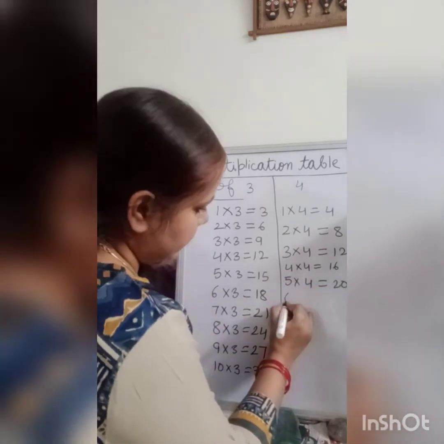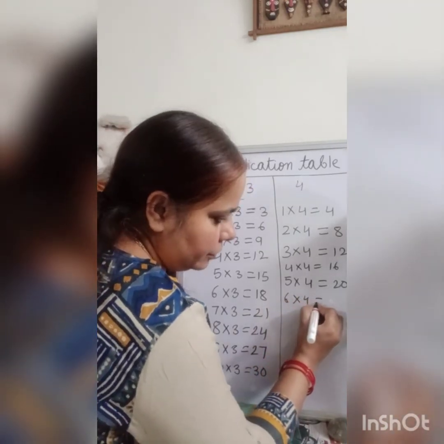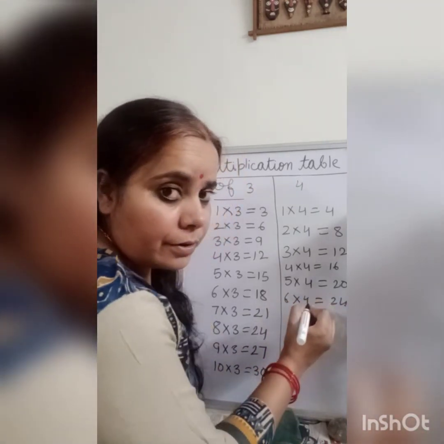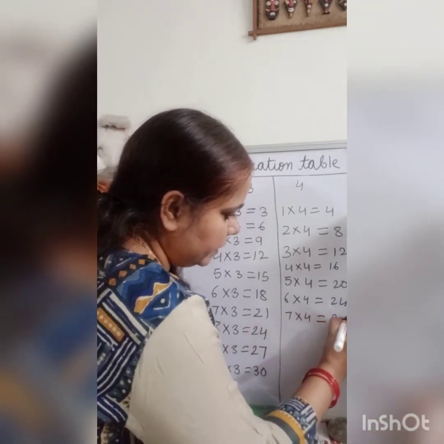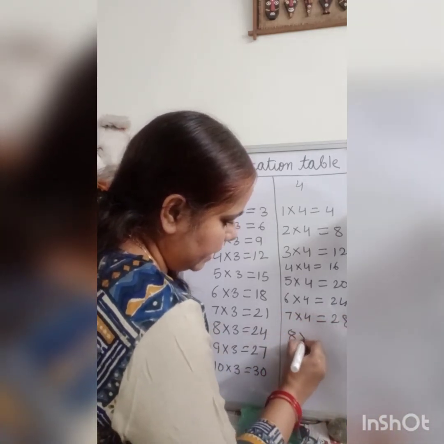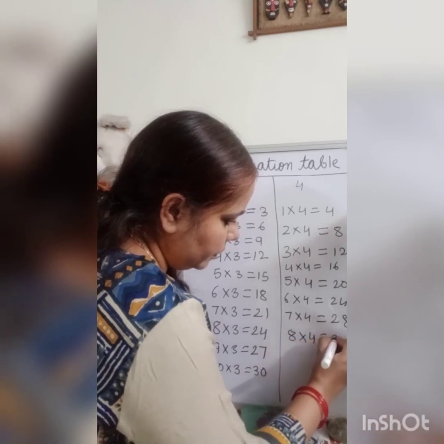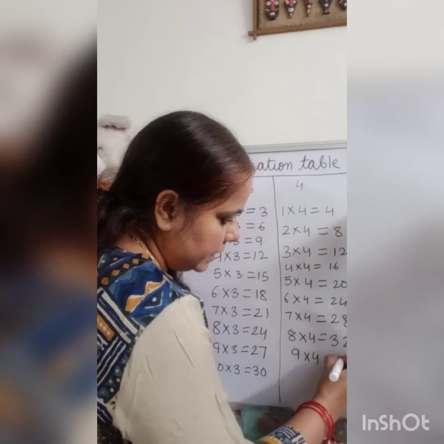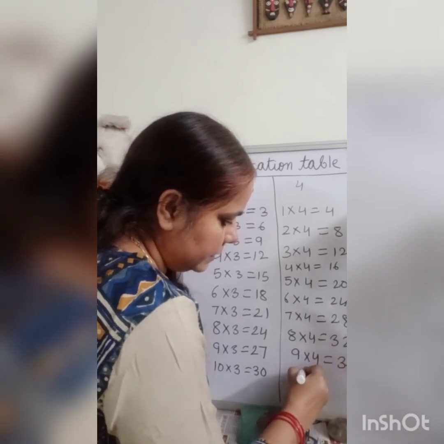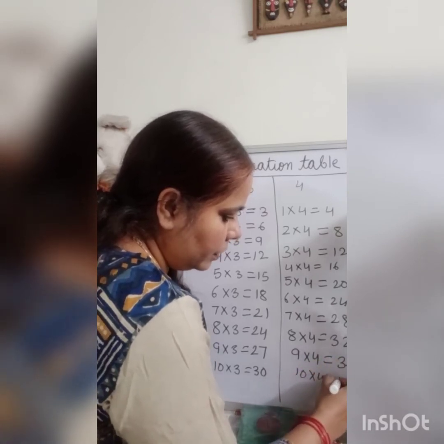Okay, and then 6 times 4 is equal to 24, and then 7 times 4 is equal to 28. 8 times 4 is equal to 32. 9 times 4 is equal to 36, and 10 times 4 is equal to 40.